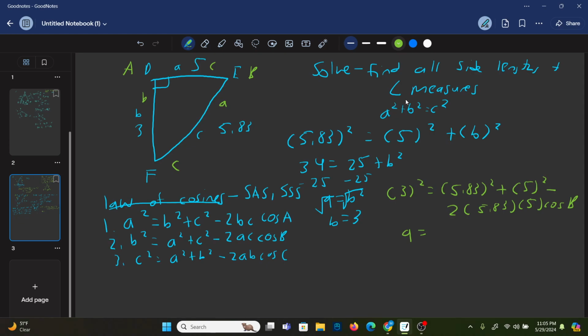And you would stop there. Don't include this with them. Only solve for this. If you simplify first, we get 59 minus 2 times 5.83 times 5 cos b.